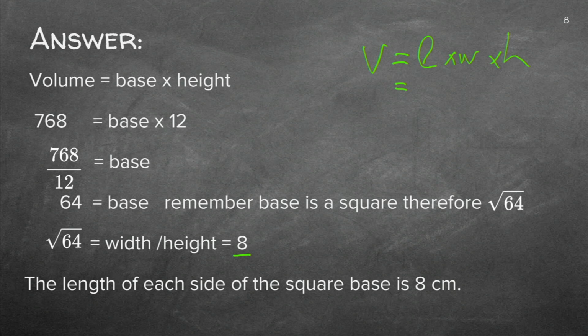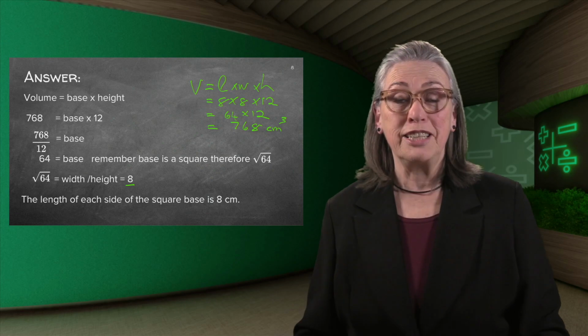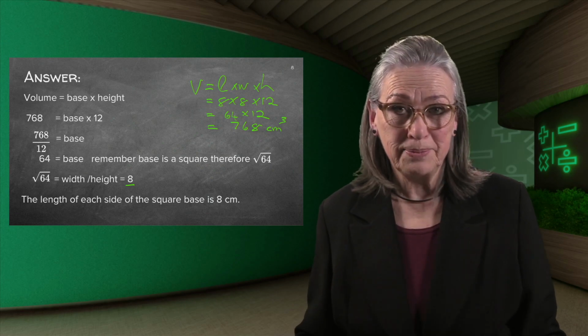So it is then 8 times 8 times 12, which is 64 times 12. And if I can do quickly on my calculator, the answer is 768 centimeter cubed. So we know that our answer is correct.